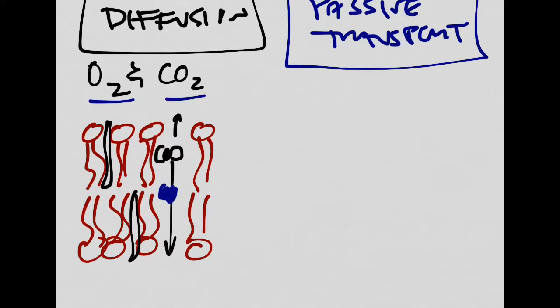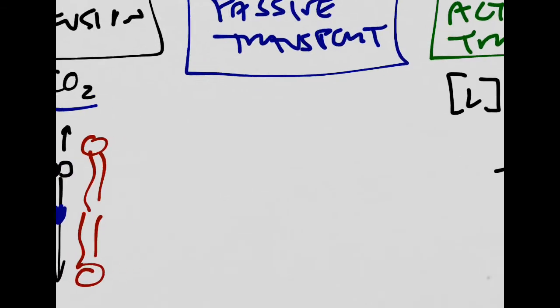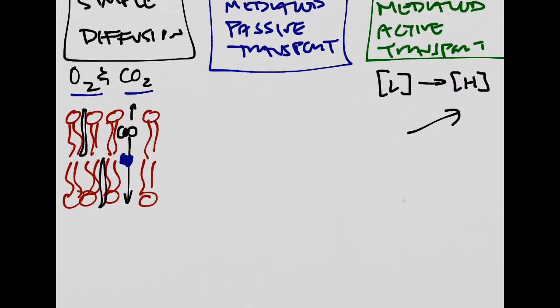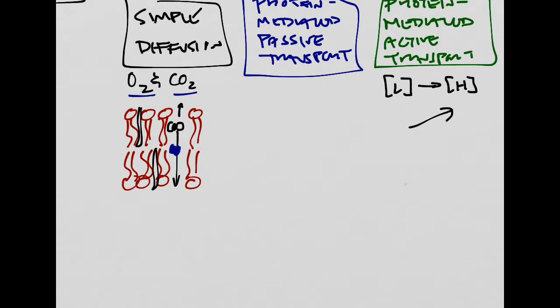Now that's all fine and dandy, but sometimes you need to move things that are charged and big through another structure. And that structure, in this case, is a protein. In fact, it's a protein channel, or a channel protein, that has a relatively big gap in it. Usually they're gated, meaning that they have little caps here that open and close.